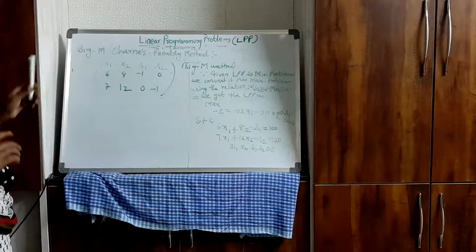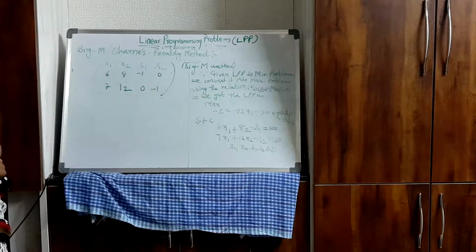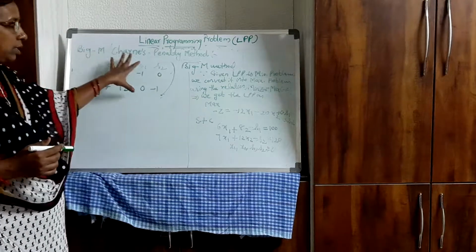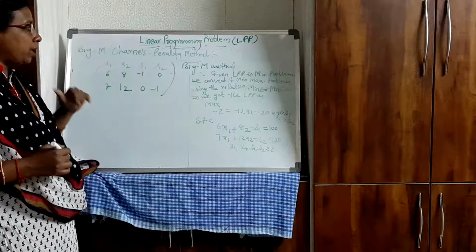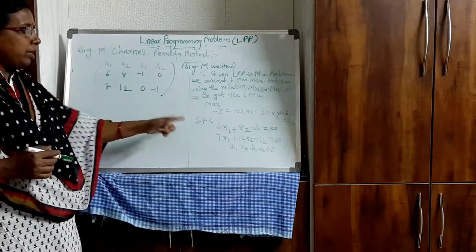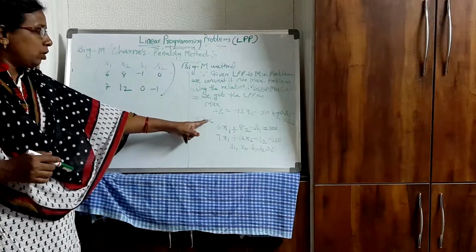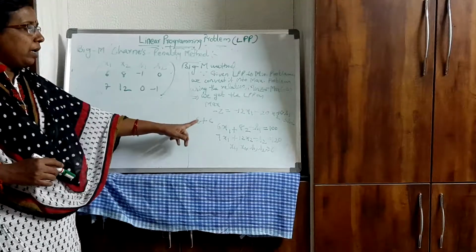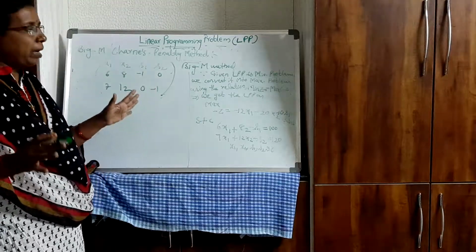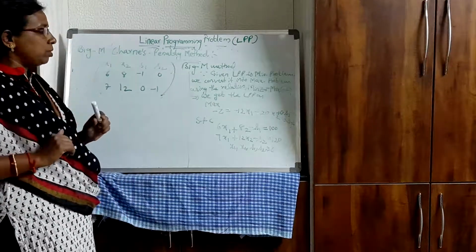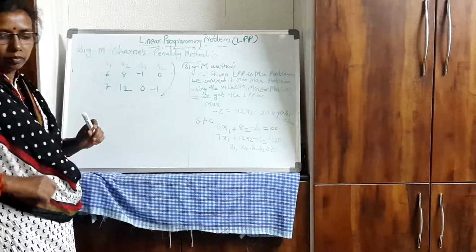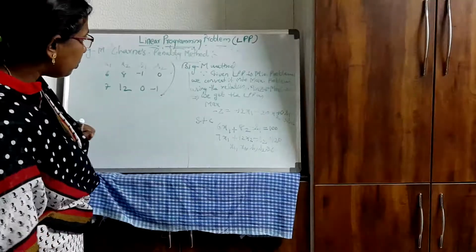Now here you are not getting an identity matrix. So in this type of situation we'll be using artificial variables. Now how to add artificial variables here? We'll add the artificial variables to these two constraints, and we'll take a large penalty minus M in the objective function. These artificial variables are also non-negative, that means they are also positive.